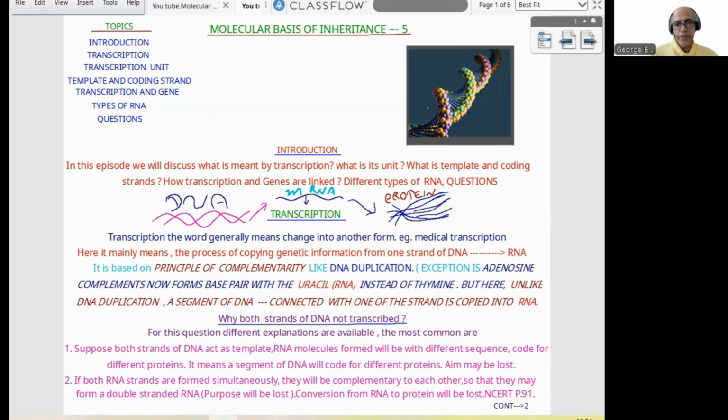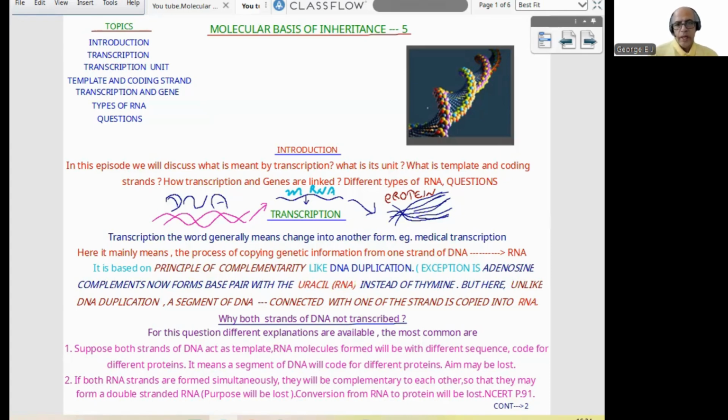In DNA duplication also, we discussed the term principle of complementarity. And here the only exception is that in DNA we can find adenine, but in the RNA formed by transcription you cannot find thymine; instead, uracil. No other change, and here only a single strand will be formed.